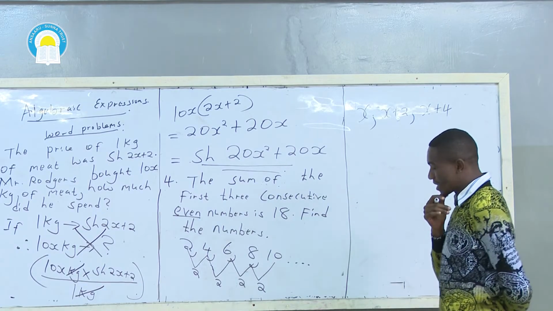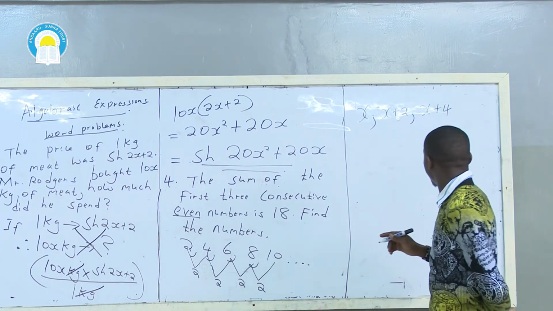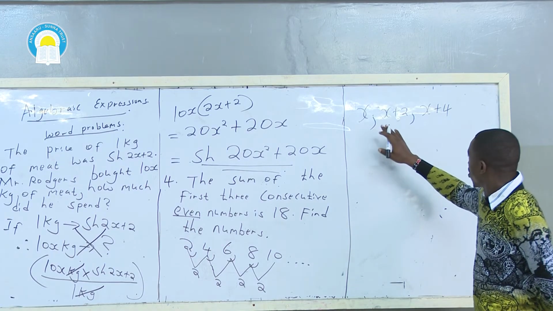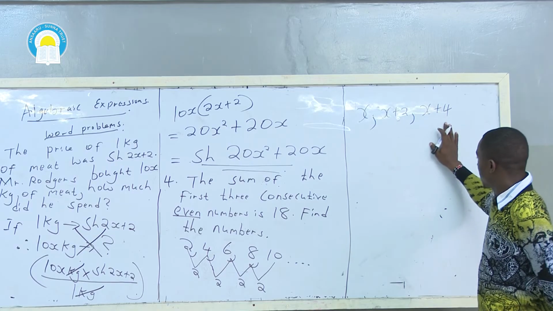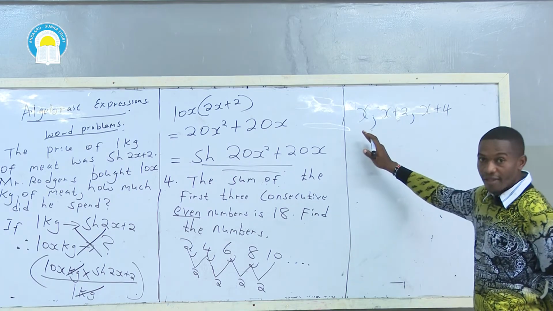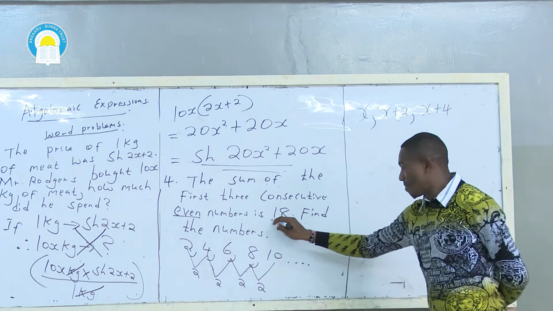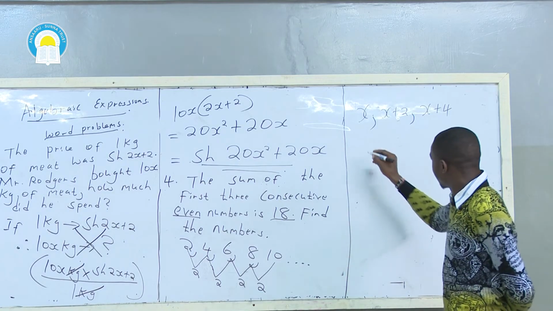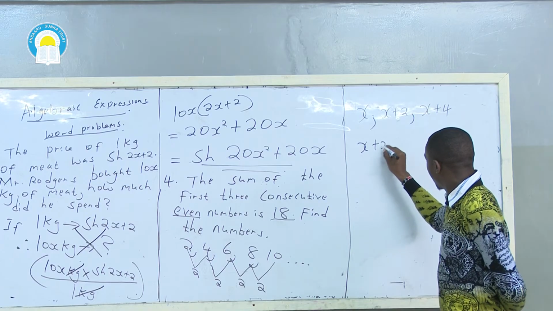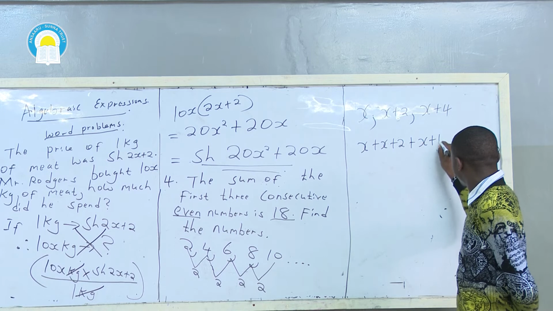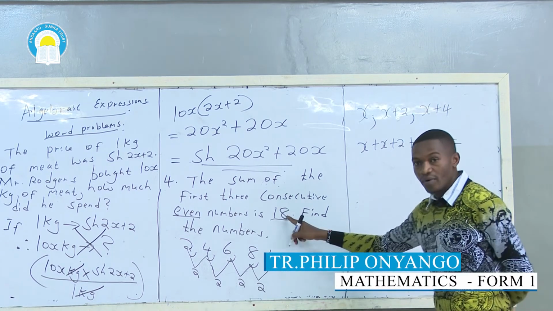These are the first 3 consecutive even numbers. You are told that when you add them, you get 18. So it means that x plus x plus 2 plus x plus 4 will give you 18.